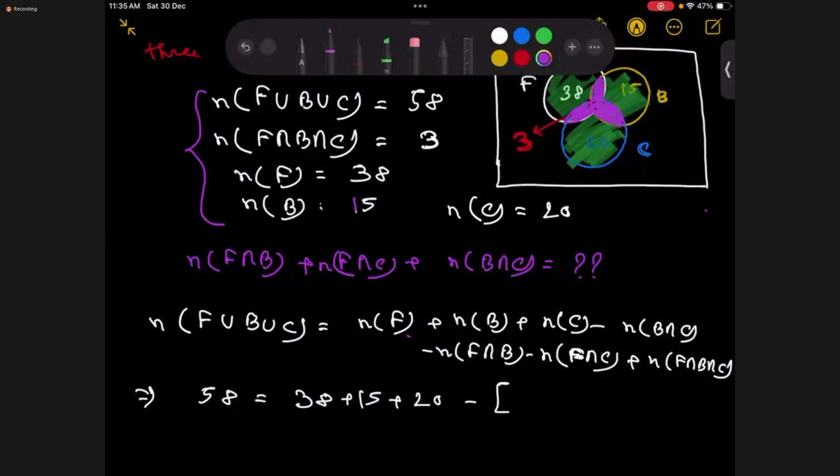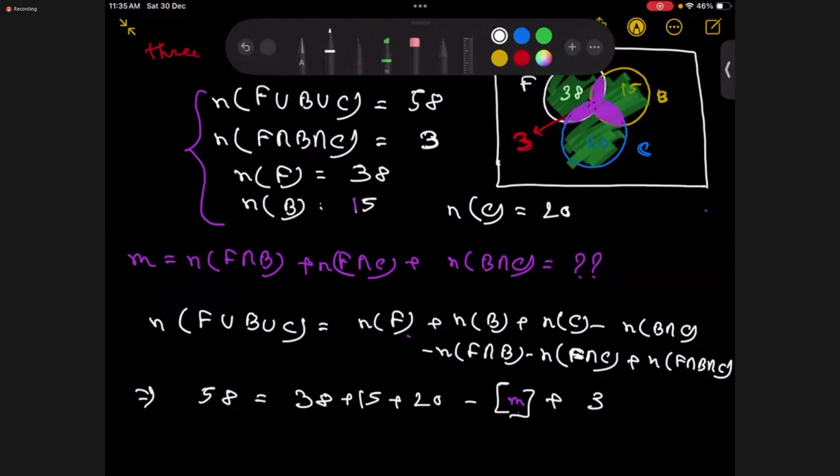Say this number is m. So minus m, plus what is this number? This number is 3.